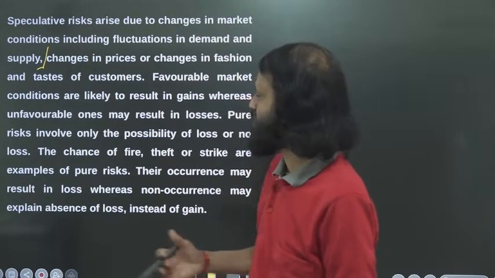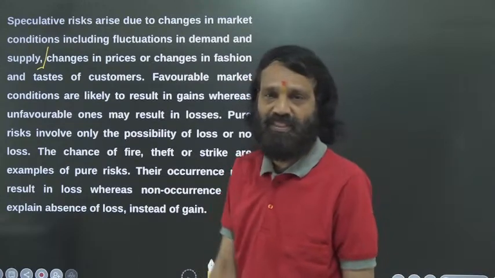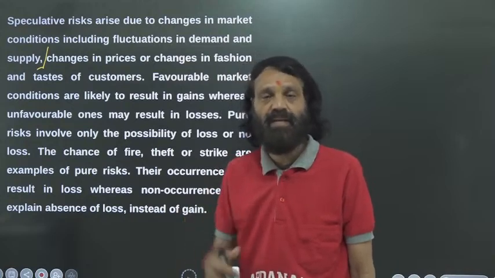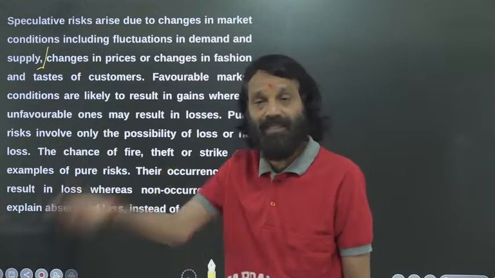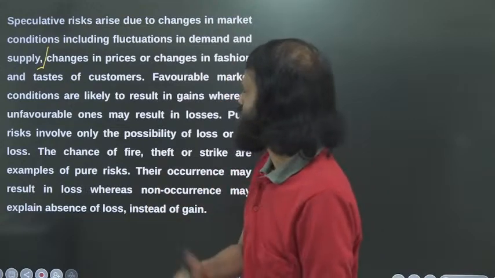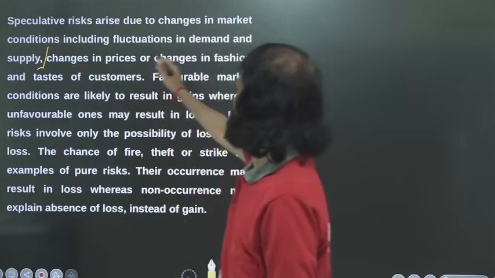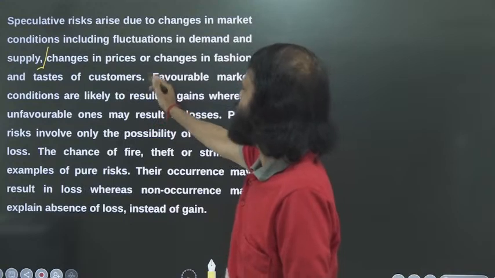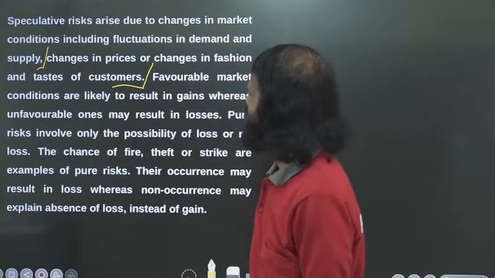But in certain situations, it can go the opposite way also. In the share market, when the share price is increasing, more people will buy. But of course, in the local market that may not happen. Changes in prices or changes in fashion and taste of consumers can also decide the demand and supply.